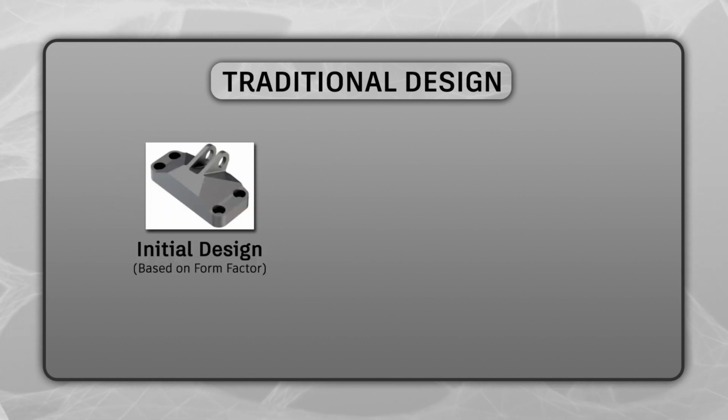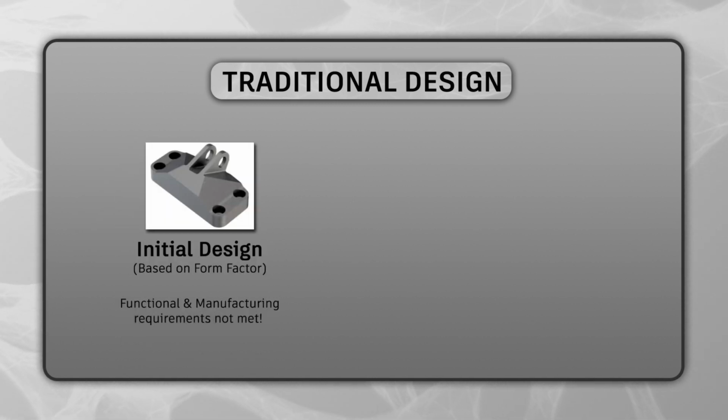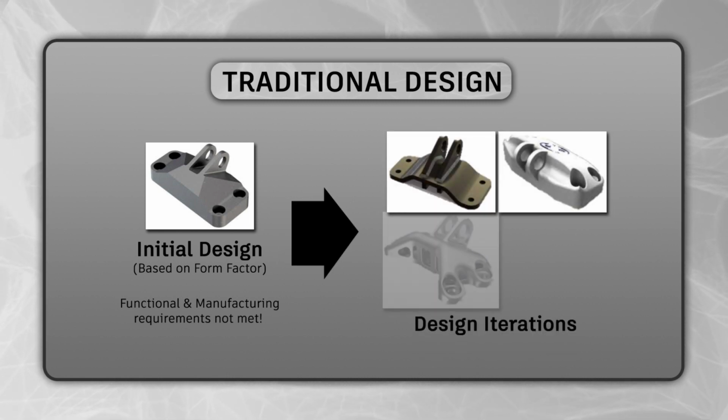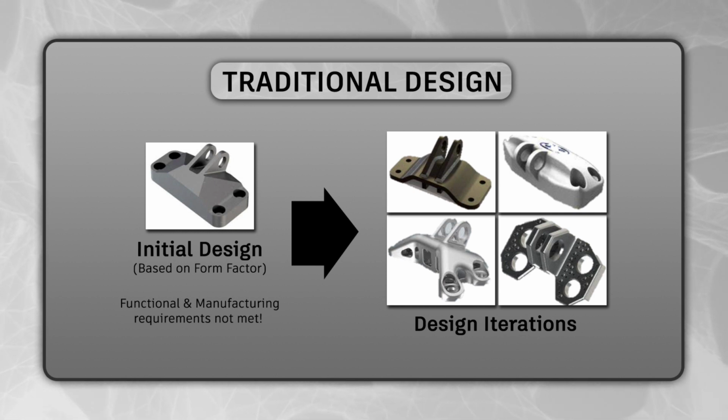Normally, you would visualize the form factor of your design to get started, but the functional and manufacturing requirements for your design may only come later after other stakeholders get involved. So your design will probably need to be iterated multiple times to meet its goals.